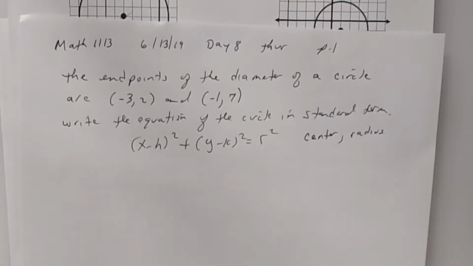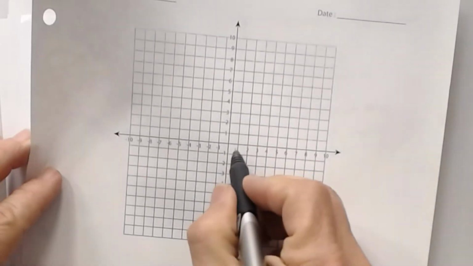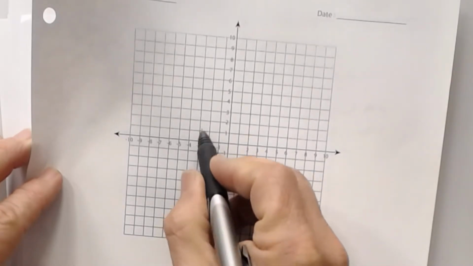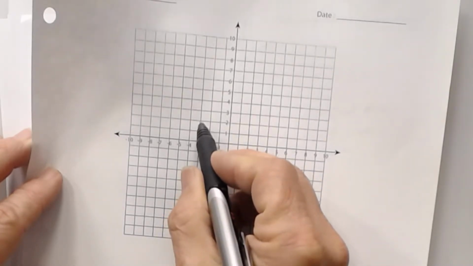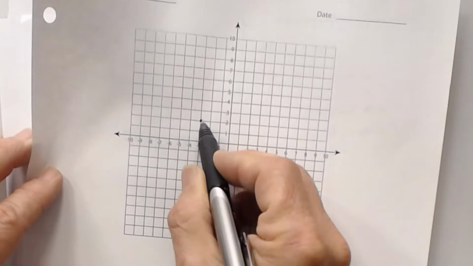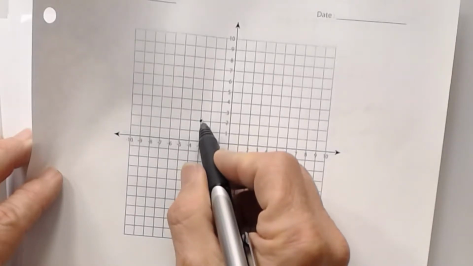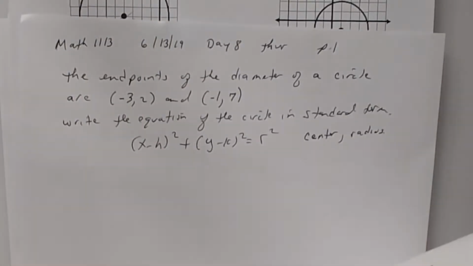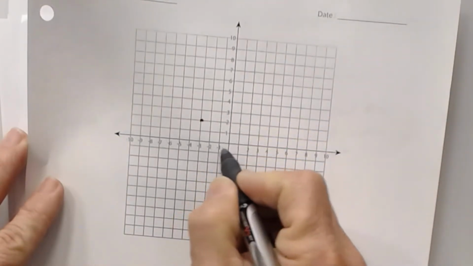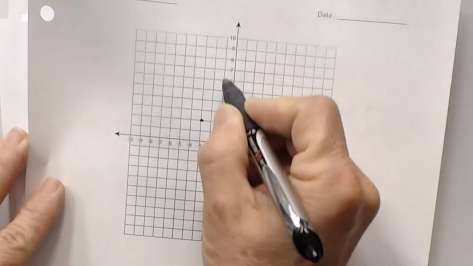So if I were to sketch this, you have -3, 2, which is here. That's an endpoint of the diameter, right? And you have -1, 7, which is here.